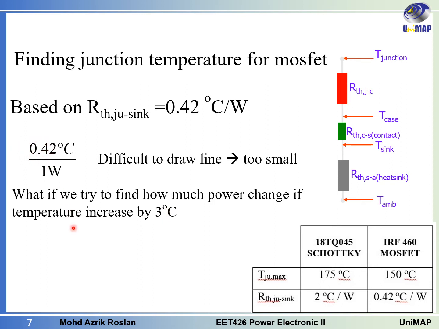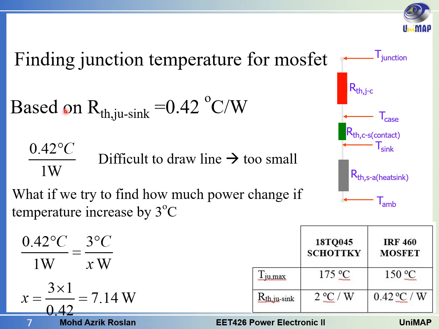So we want to find how much power changes if the temperature is increased by 3 degrees C. So we have to use this one: 0.42 degrees C per 1 watt equals 3 degrees C per x watt. This x we have to find, how much the power changes when we increase the temperature by 3 degrees C. So when you find the value of x, the value is 7.14 watt.